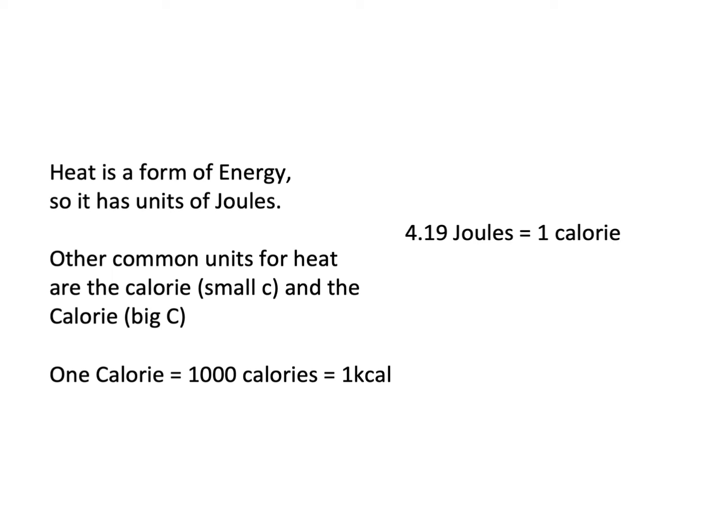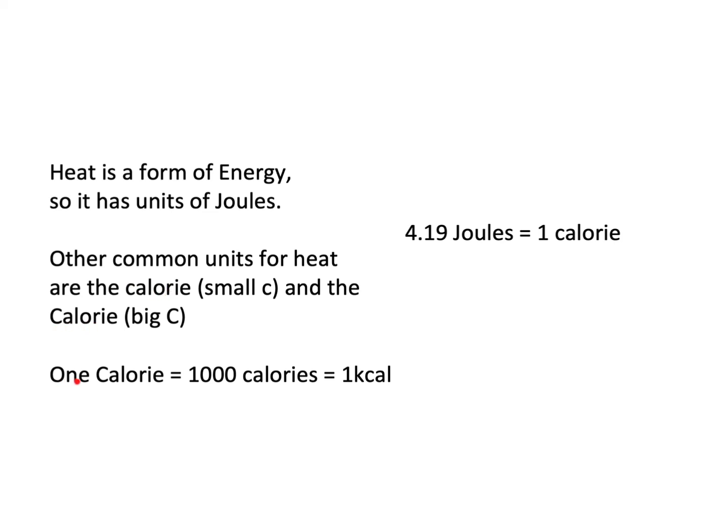Now, this is the craziest thing, but this is the way it works. When you're talking about calories, we have small c calories, which you can see I've got the word calorie here with a lowercase c. And then we've got big C calories, which is the word calorie here with a capital C. Small c calories are smaller than big C calories.